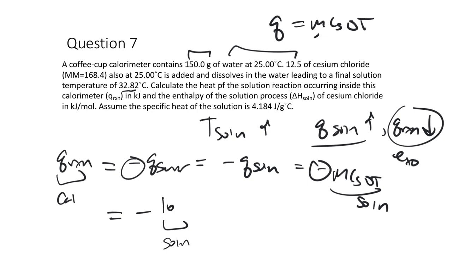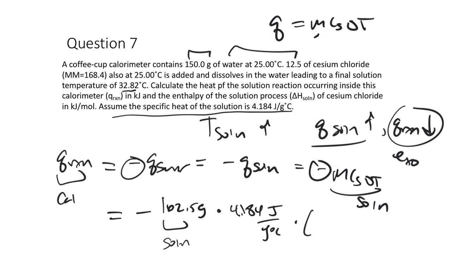So that's 162.5 grams times the specific heat of the solution, which we're told is 4.184 joules per gram degree C. So we're told to assume the specific heat of the solution is this number here, and then I multiply by the delta T, final minus initial. So final 32.82 minus 25 degrees C is 7.82 degrees C. So my units cancel.